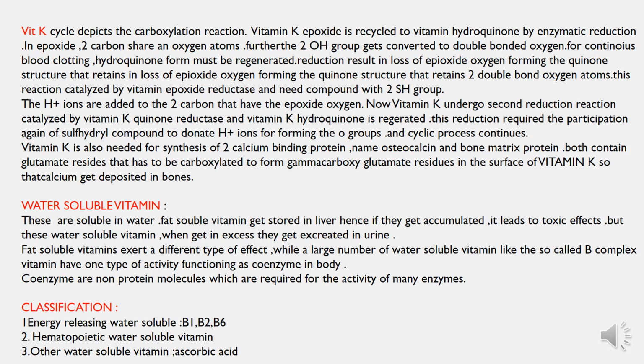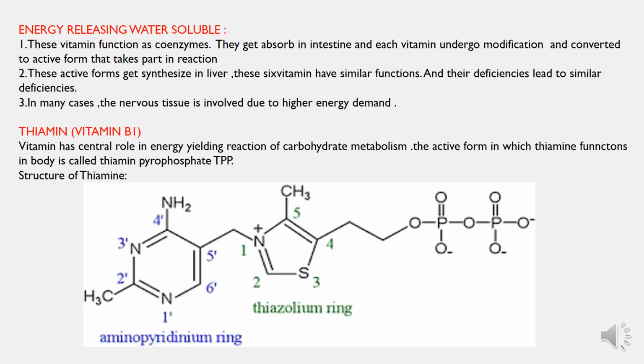What is the classification? One is energy releasing water soluble vitamins like vitamin B1, B2, B6. Hematopoietic water soluble vitamins and other water soluble vitamins like ascorbic acid. Energy releasing water soluble vitamins. These vitamins act as coenzymes. They get absorbed in the intestine and each vitamin undergoes modification and is converted to a form that takes part in the reaction.